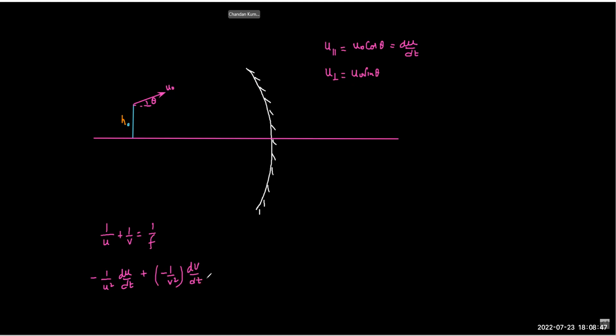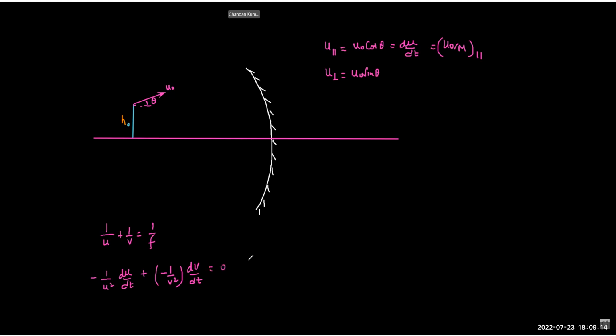You don't mean u in general or u perpendicular. You only mean the longitudinal component. So this is what it represents, and this is called the velocity of object with respect to mirror, parallel to the principal axis. That's how we represent.